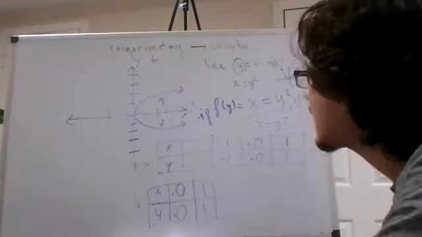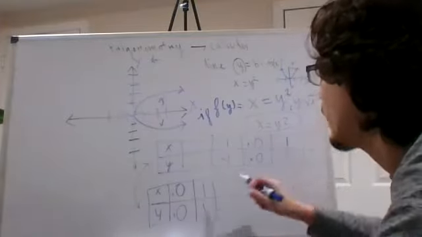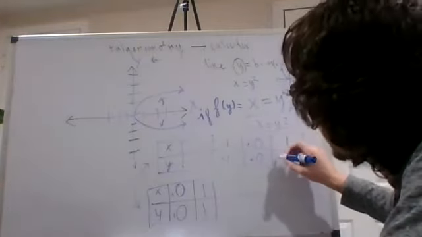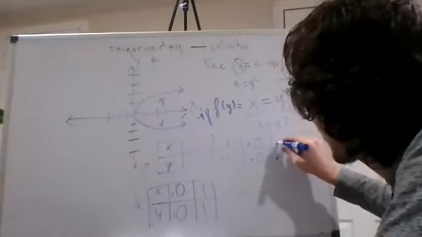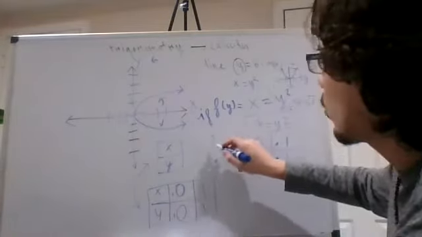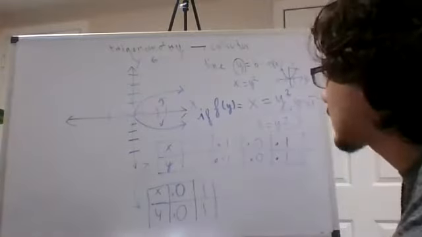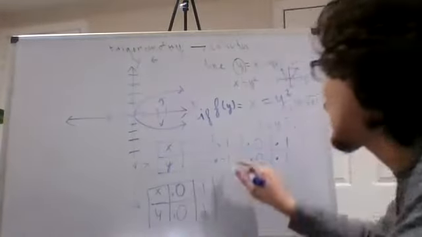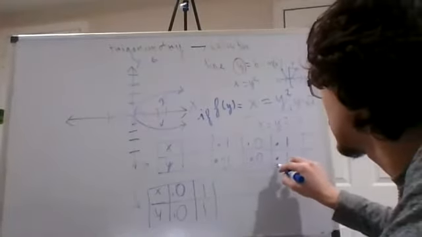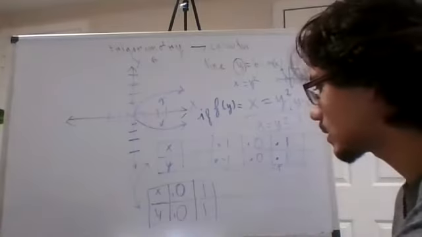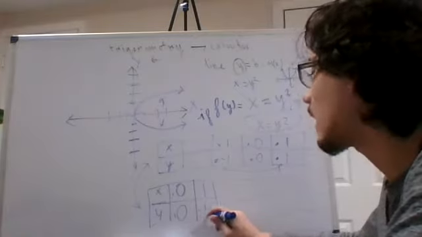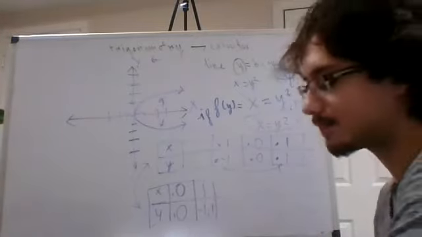Okay, so if we carry this over here, because y is 1 when x is 1 and y is -1 when x is 1, that means when x is 1, y can be -1 or 1. Does that make sense? Yes, sir. So that means y is 1 and -1.